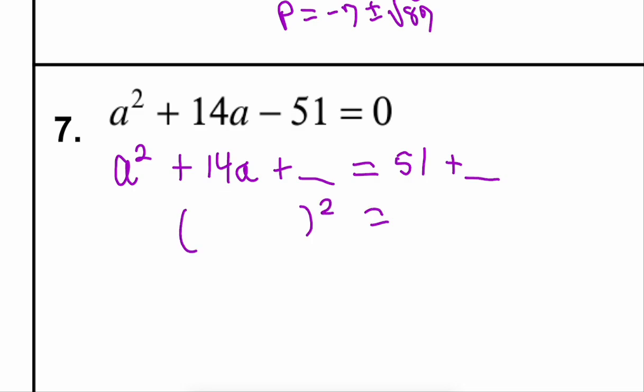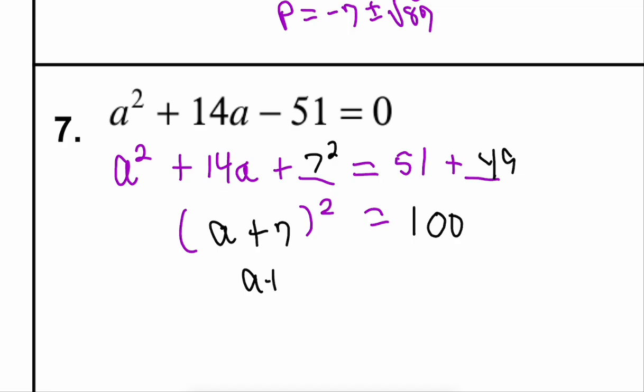Half of the b value of 14 is 7, and it's positive. So that's going to be a plus 7. So 7 squared fills my spot, or 49. So now this is a nice one, because when we square root both sides, we get plus or minus the square root of 100.